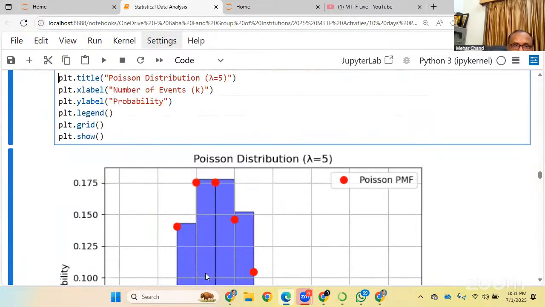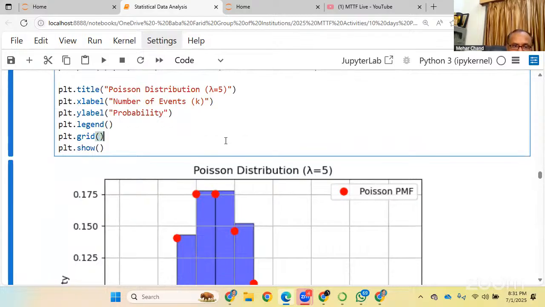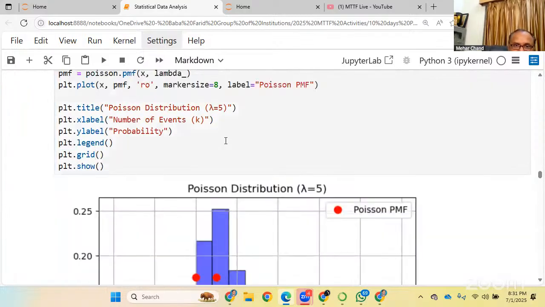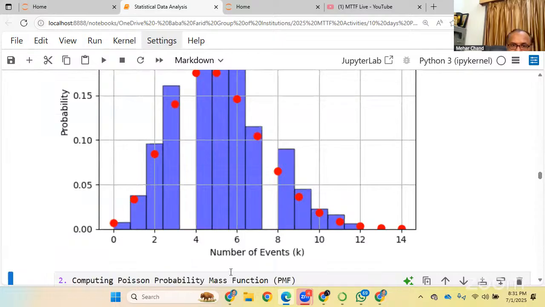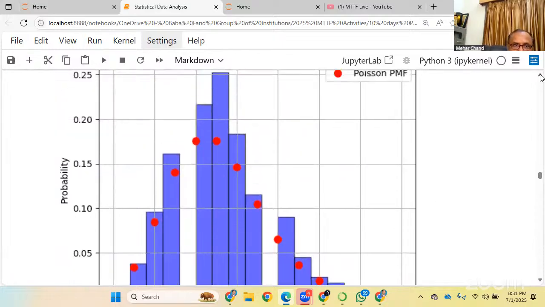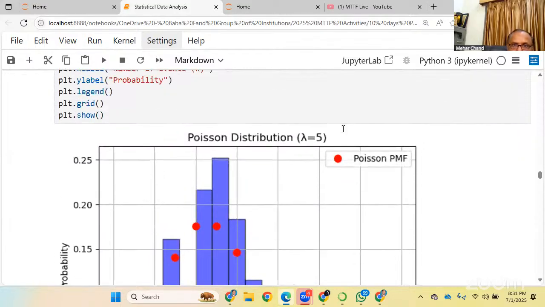So when we execute all this sequence of statements, you can see on the horizontal axis we have the number of events, and on the vertical axis you have the probability, and on the top we have the Poisson distribution for lambda equal to 5.